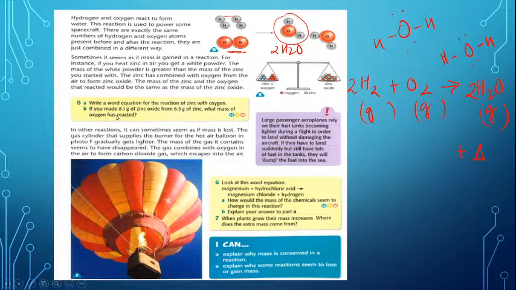If you made 8.1 gram of zinc oxide from 6.5 gram of zinc, what mass of oxygen has reacted? Obviously when you subtract from the mass of product, 8.1 minus 6.5, it means 1.6 gram of oxygen was added. Understood, Rishika? Okay.